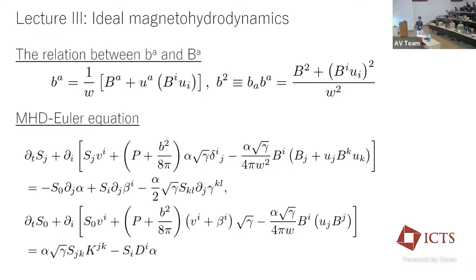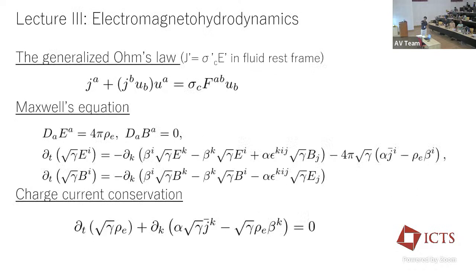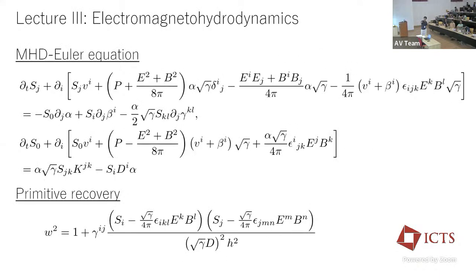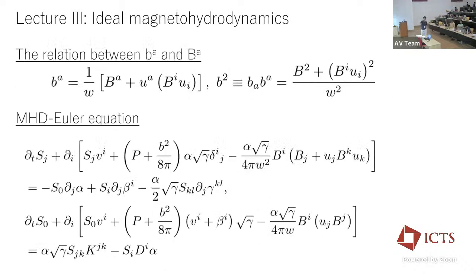I won't repeat almost the same procedure to derive the momentum equations, the energy-momentum flux and the energy flux, but the structure is similar to the generalized case here. This term becomes the total pressure, including the magnetic pressure.